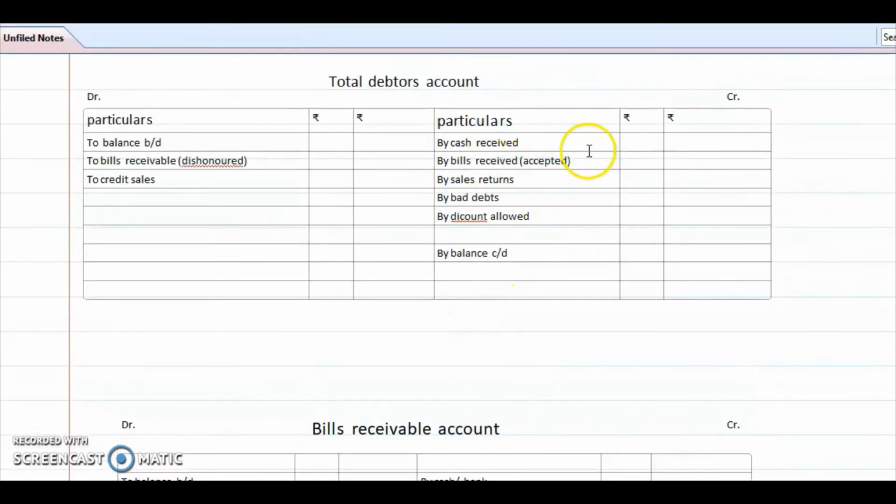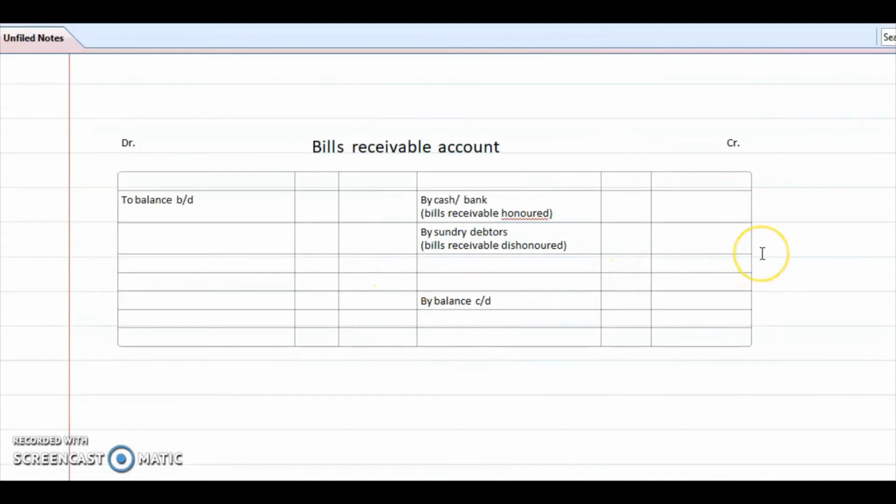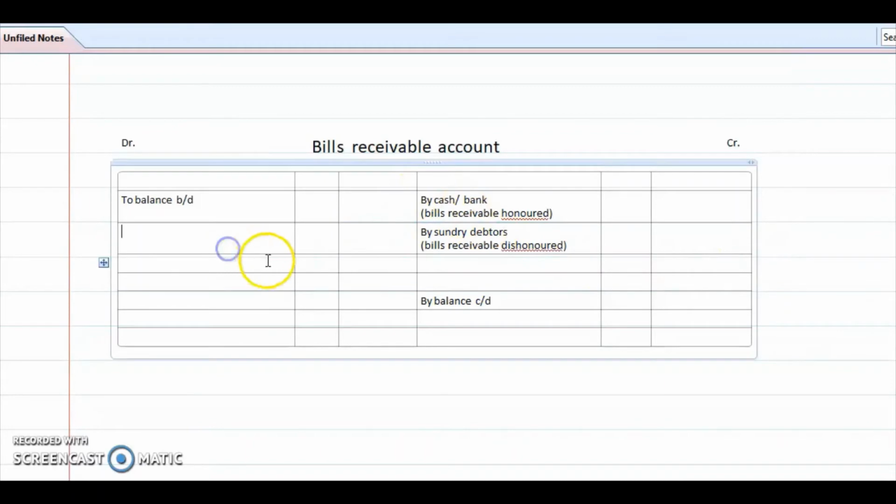In the same way, here it will appear on the debit side. So to sundry debtors. This is bills receivable during the year.